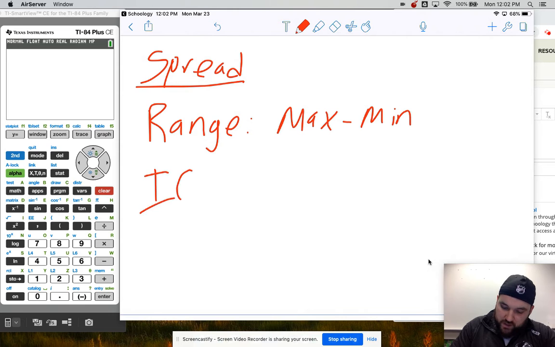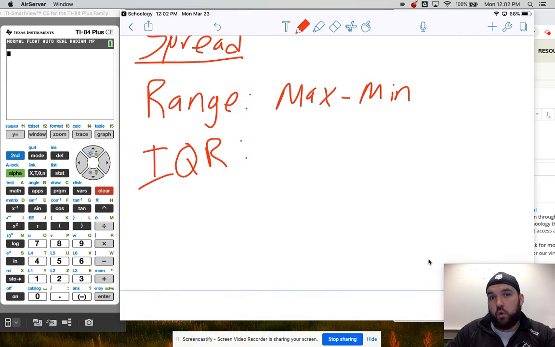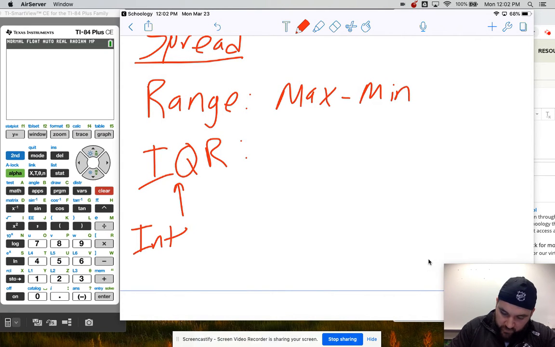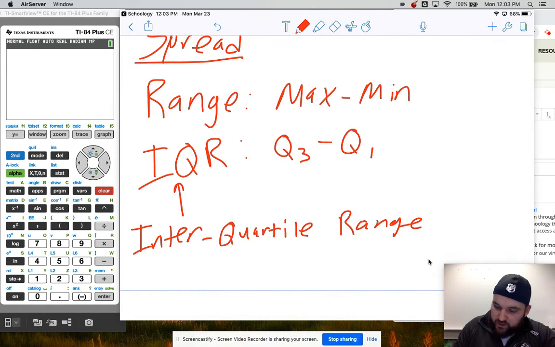And then we also have a value called the IQR, which stands for the interquartile range. Just breaking down what this means: inter means between, quartile means quartile, and range means how far apart they are. So the IQR is simply how much bigger Q3 is than Q1.